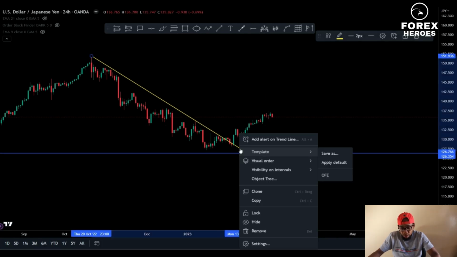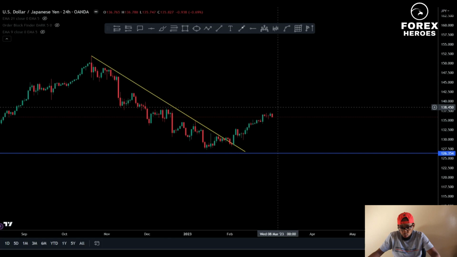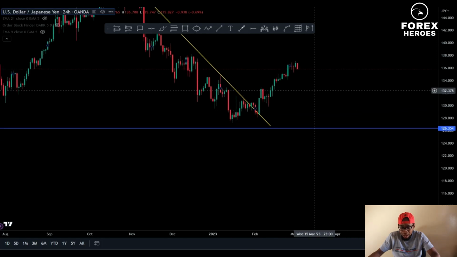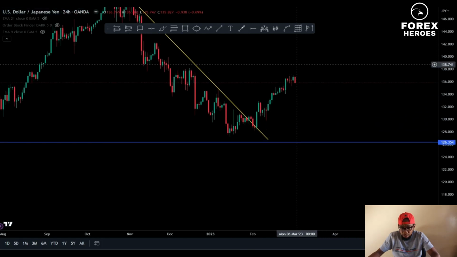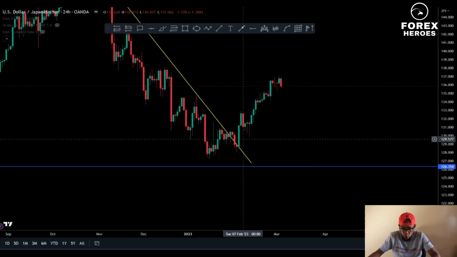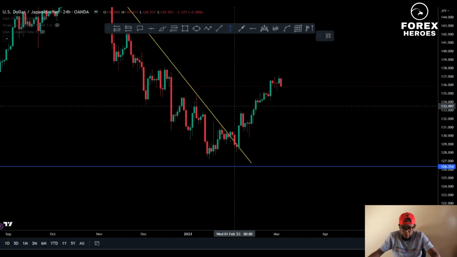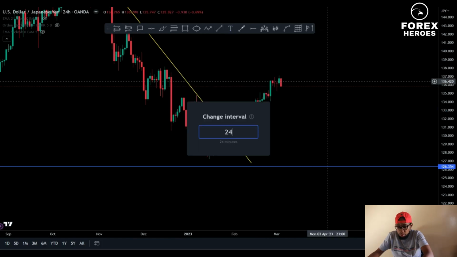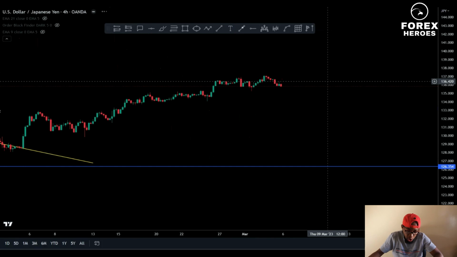So now we are saying, okay, fine. We are looking at the market from this point. Now we can safely say that we are in an uptrend. Understand? Because you can see the market now is creating higher highs and higher lows. Let me go to 4 hour to be much more clear.